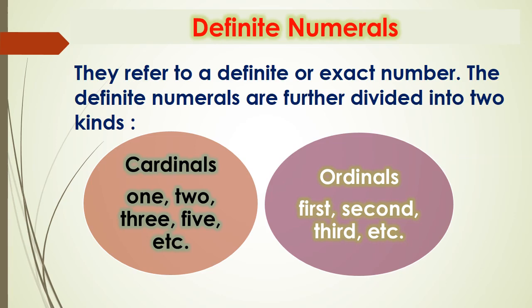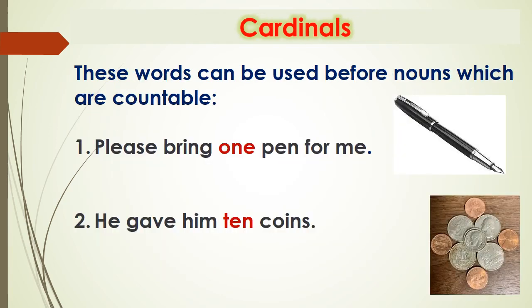Cardinal numerals are counting numbers and we use them for counting: 1, 2, 3, 4, 5, etc. So these are the cardinal numerals.